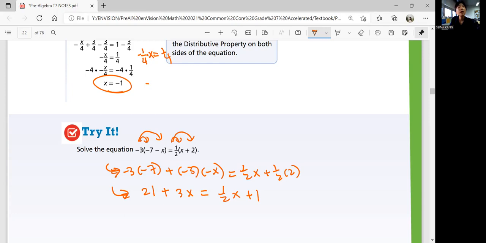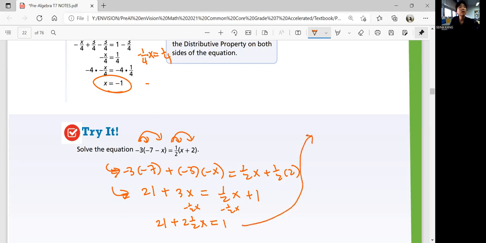Okay, and now we're going to subtract 1/2 x on both sides. And we have 21 plus 2.5x is equal to 1.